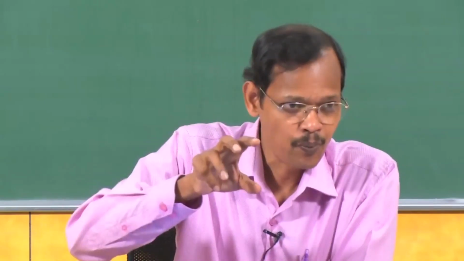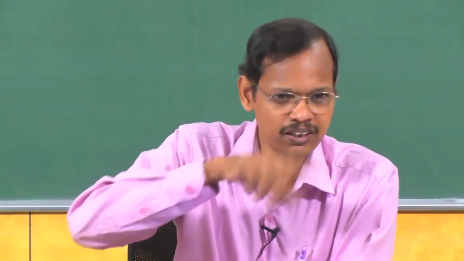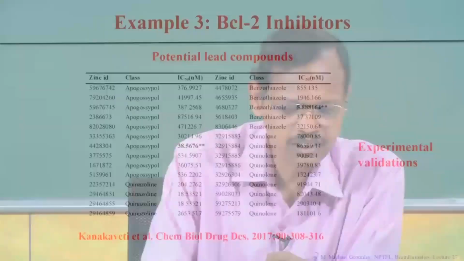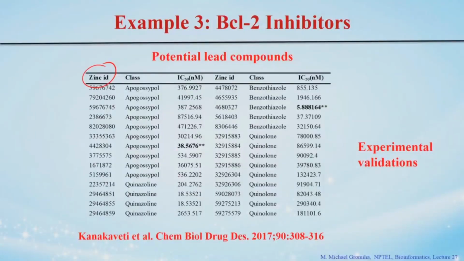The core should be the same, and the moieties, the chemical groups, are different. Here you see a ZINC ID and the different families, and you can predict the IC50 values. In some cases you can see very low IC50 values, and these could be lead compounds. Then you can also do something more: you can take these compounds and play around with the chemical groups.